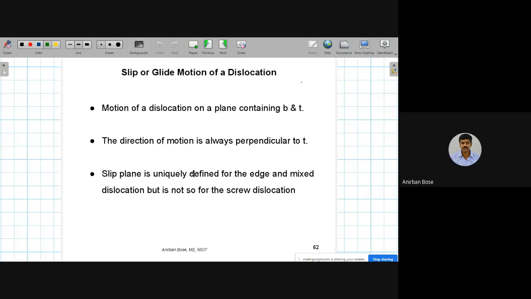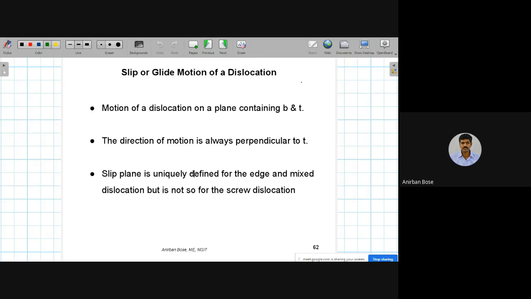Now you'll see the slip or glide motion of a dislocation. Now, motion of a dislocation on a plane containing B and T. Dislocation is not static. This is a static line that we have seen, around which some defect is there within the crystal, but this line can move under some external mechanical energy or some thermal energy that is applied.